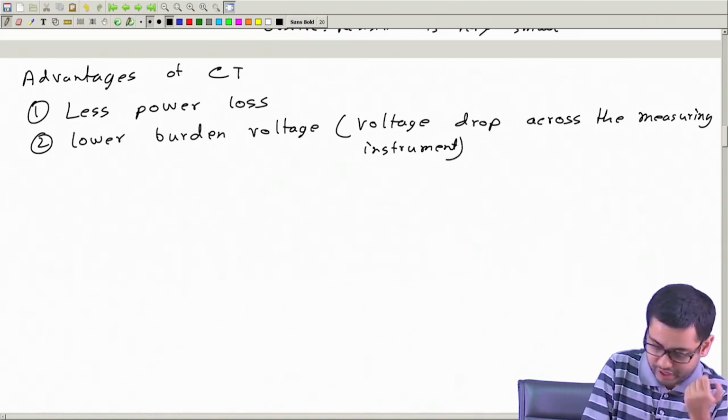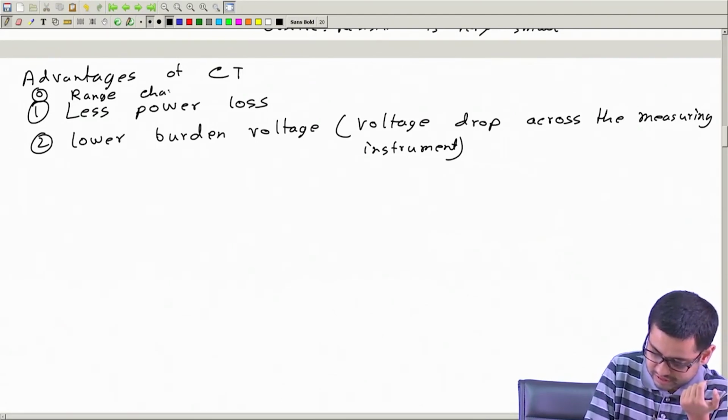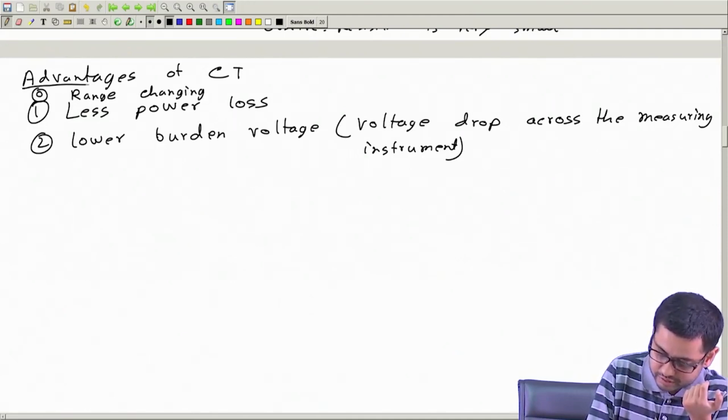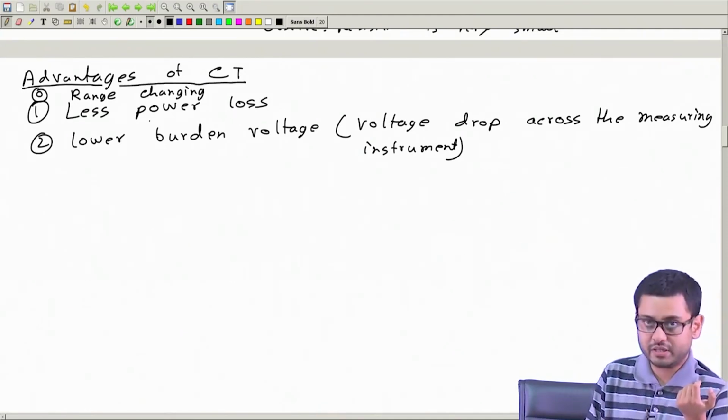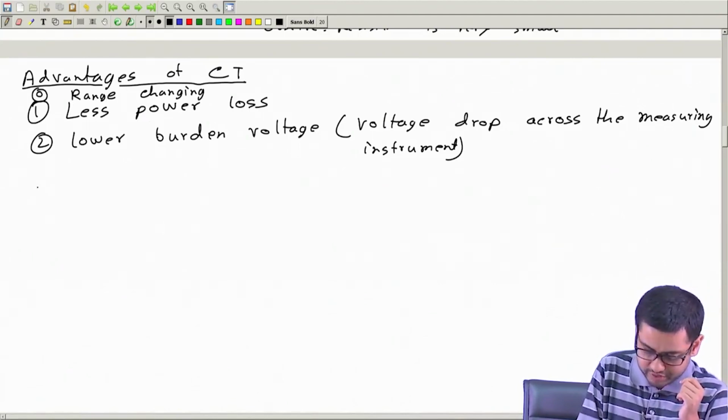Of course, the first advantage, or you call it the 0th advantage, is range changing, which we already have said. If we want to measure a high current with a normal ammeter, we have to bring down the current to a measurable value. So that's the first use, of course.